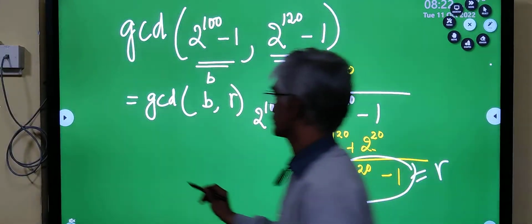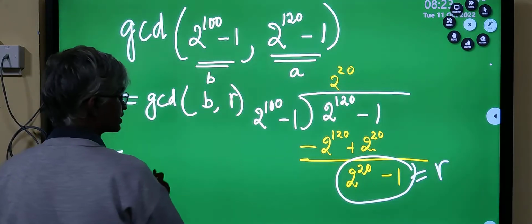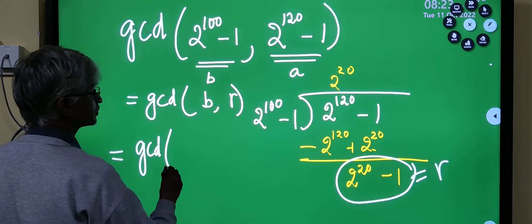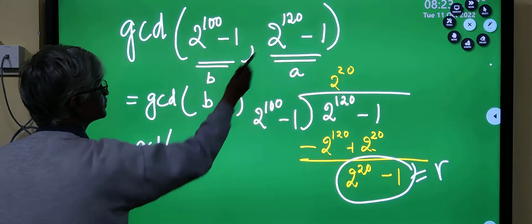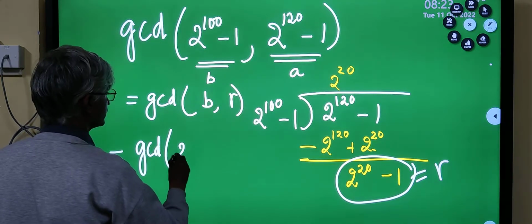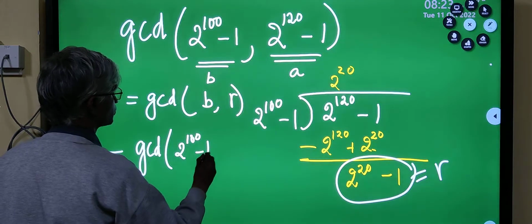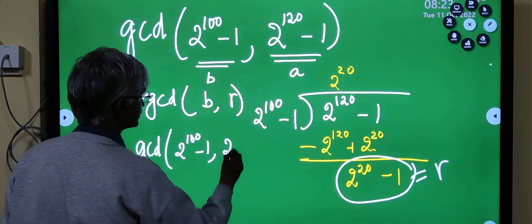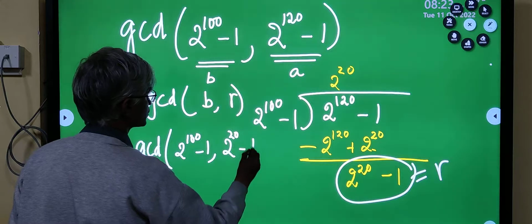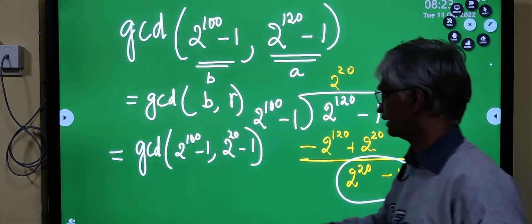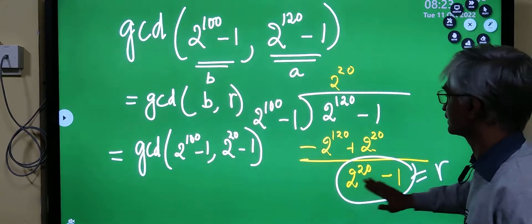So now this is equal to GCD of the smaller number, which is 2 raised to 100 minus 1, and the remainder, 2 raised to 20 minus 1. Okay, so we have proceeded one step, and now I have to repeat the step.